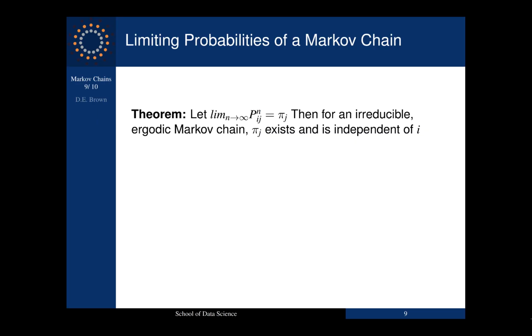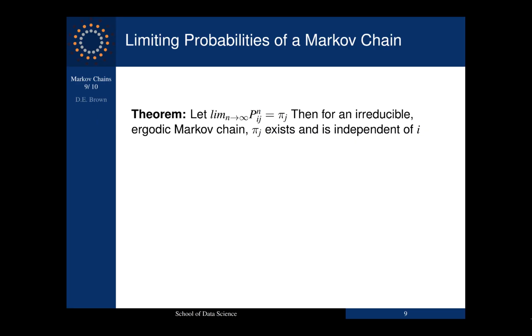What's the probability it's raining? What's the probability it's sunny? Over many years, what's the probability that in your town it rains or it's sunny? Or what's the probability over all time that the Standard & Poor's index goes up or goes down? Those are the kinds of questions we're interested in: what's the long-term probability of being in any given state?